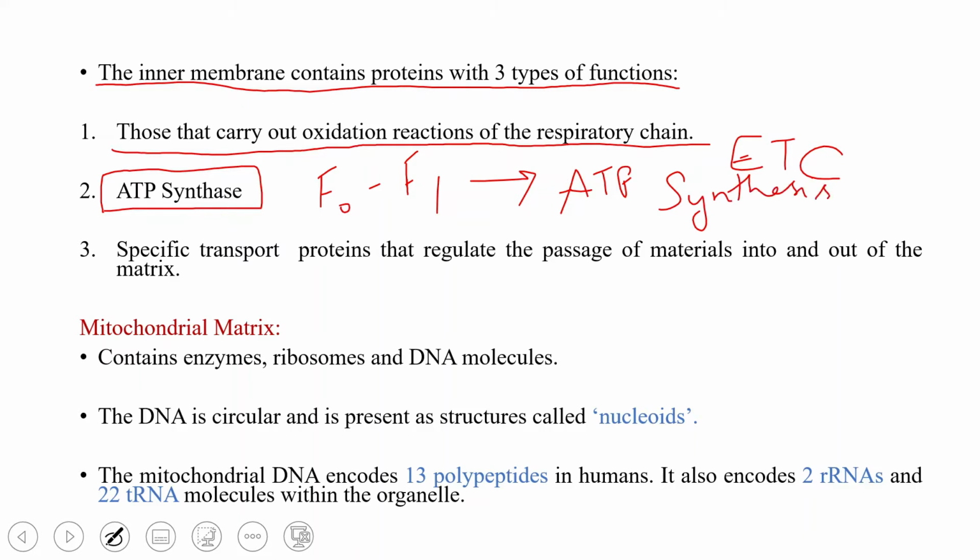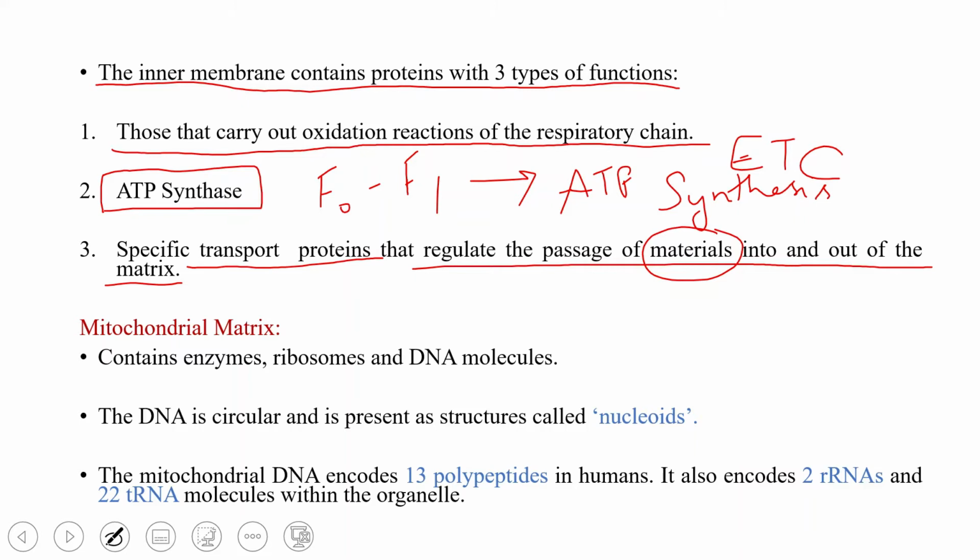Next, it has specific transport proteins that regulate the passage of materials into and out of the matrix. Now, these materials can be anything from ions to proteins to several other small molecules.